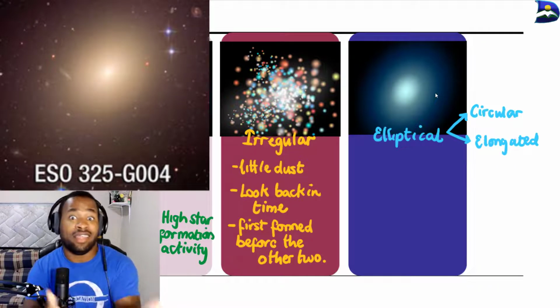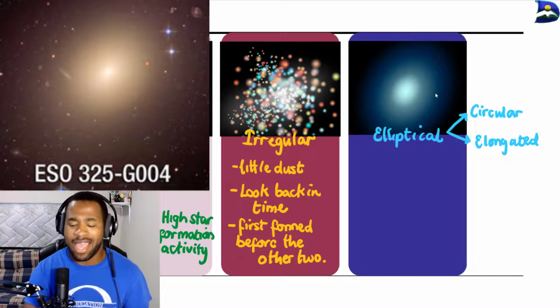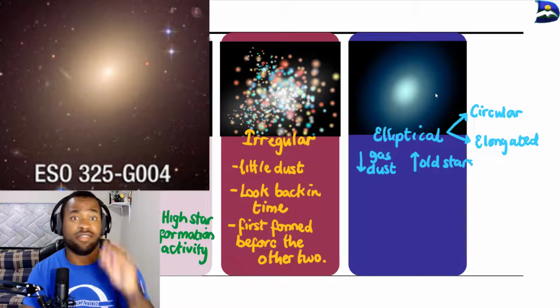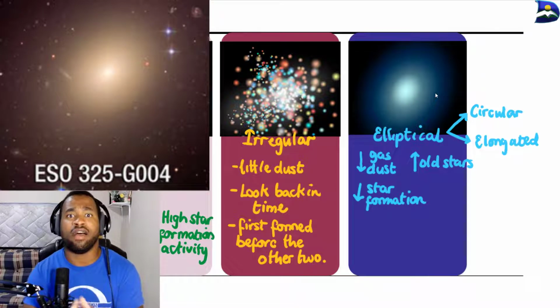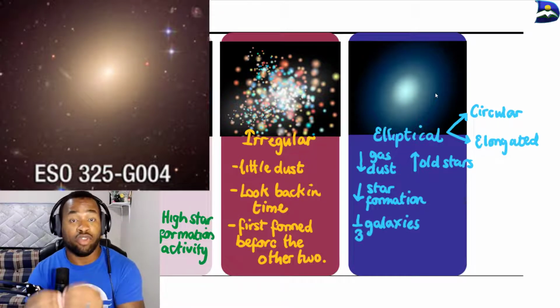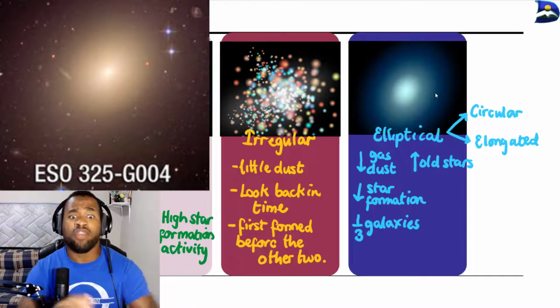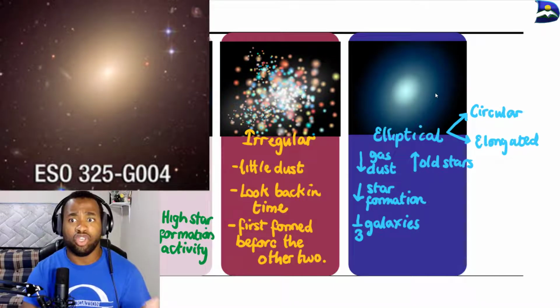One is either circular or elongated, and in addition to that, there is a low amount of gas and dust. In addition to that, there is a high amount of old stars, and this shows that there is a decrease in star formation. These galaxies are known to be around 1/3 of all the galaxies in the universe.